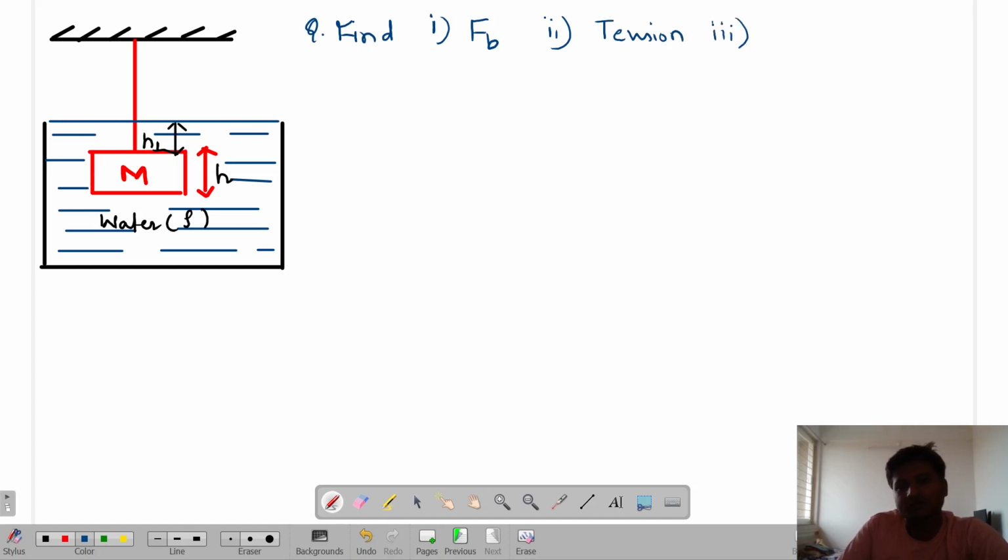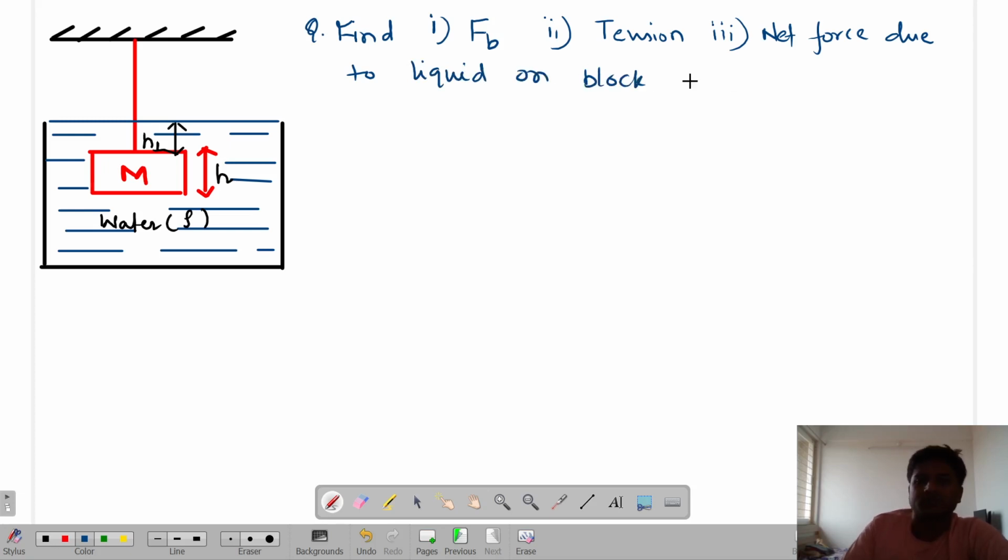And third, net force due to liquid on block due to pressure. Do these questions.